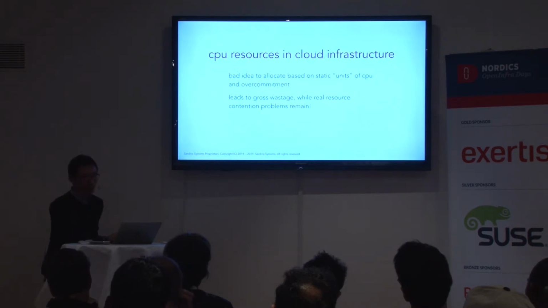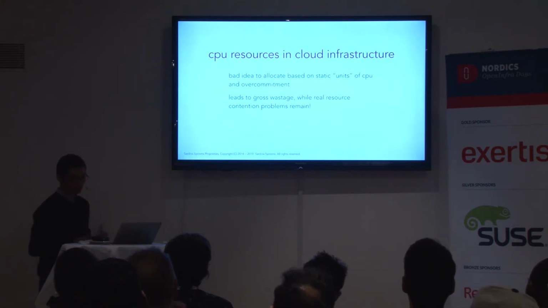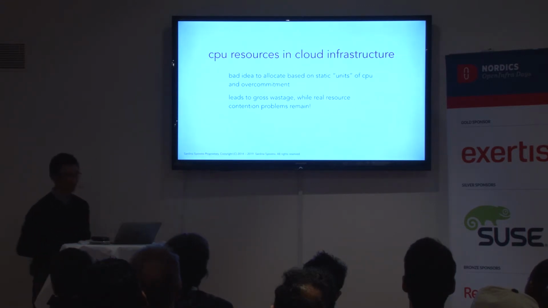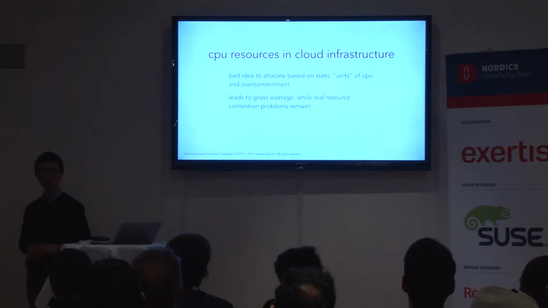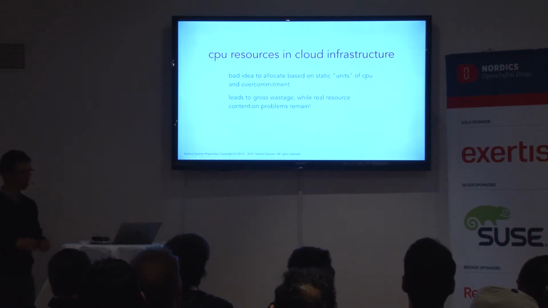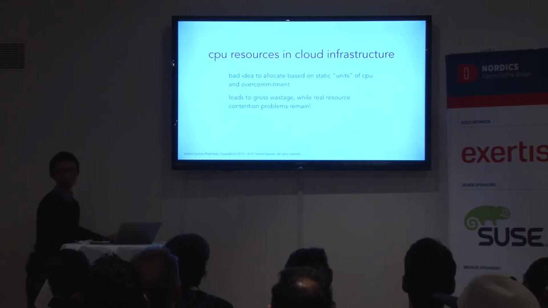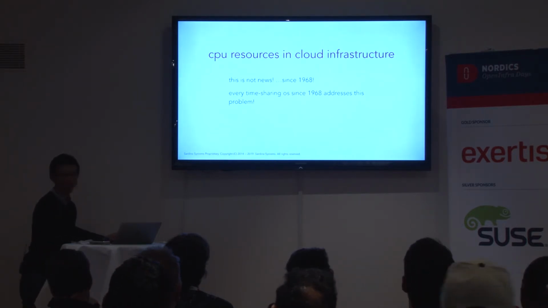So therefore, we come to this conclusion that for CPU resource management in cloud infrastructure, it's a bloody damn bad idea to allocate based on static units of CPU and then do overcommit, because it ends up with gross wastage and the terrible resource contention problem still remains. Yeah, this concept is not news.